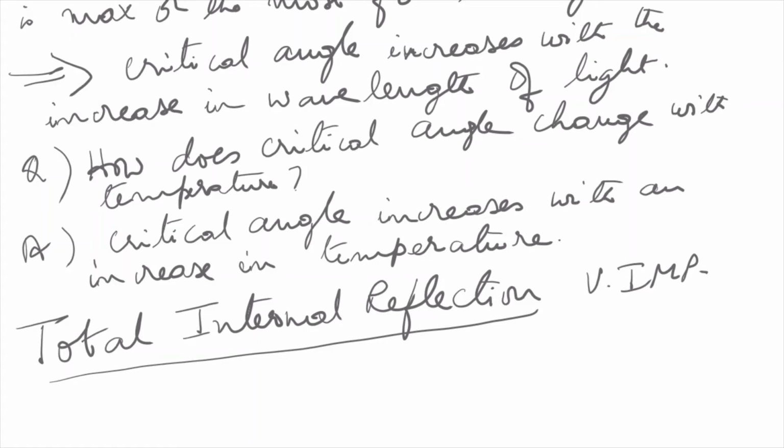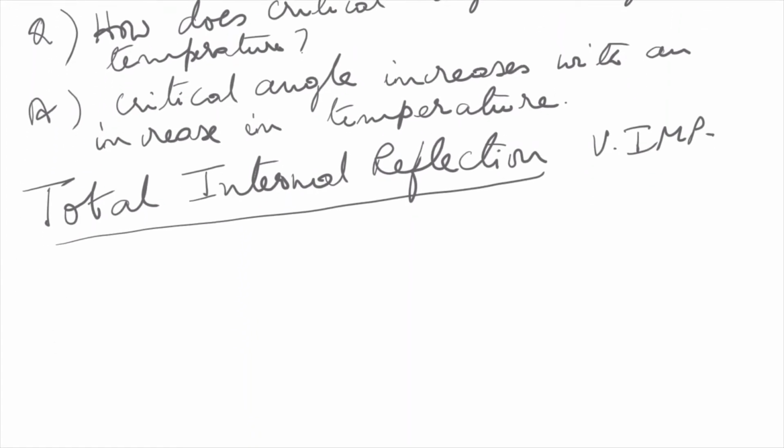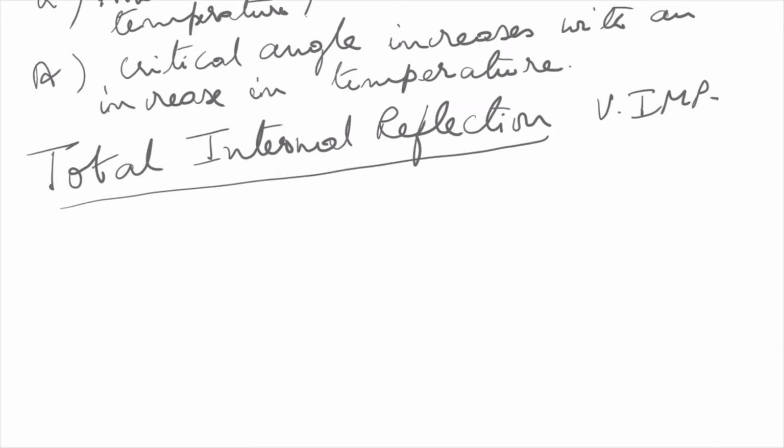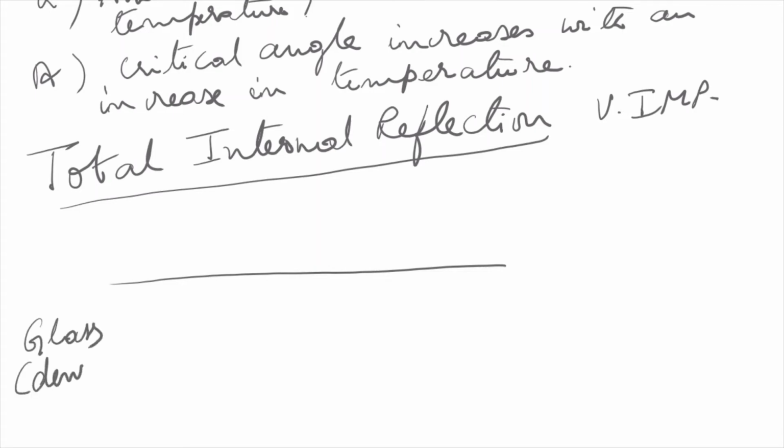Now let us see with the help of a diagram what will happen. Suppose this is the surface of separation, this is your glass which is a denser medium, okay, and this is your air which is a rarer medium, okay.